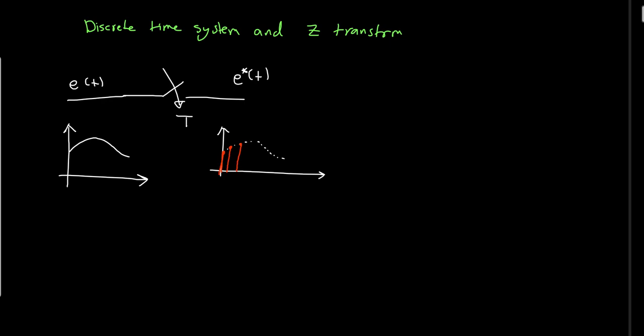So we are sampling the signal with respect to the sampling frequency. So here at T, 2T, 3T, and so on, where T is the sampling period. So here T stands for the sampling period.